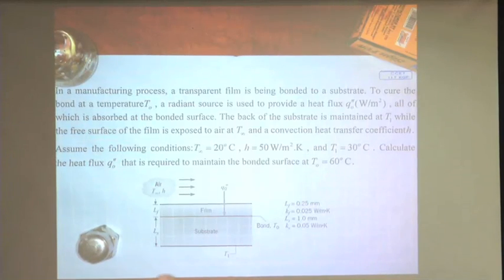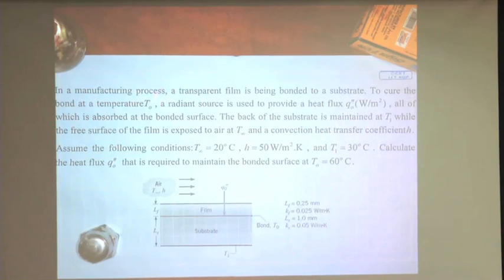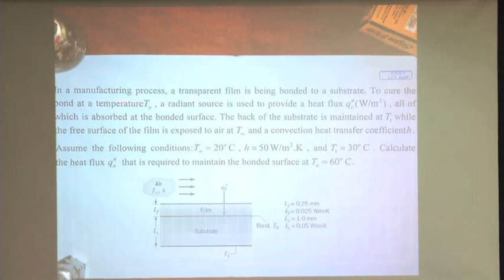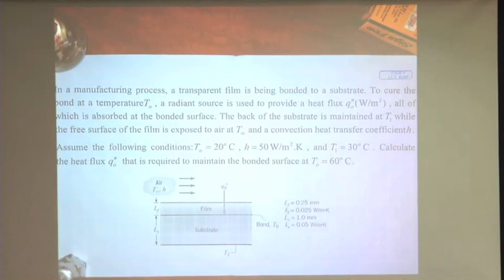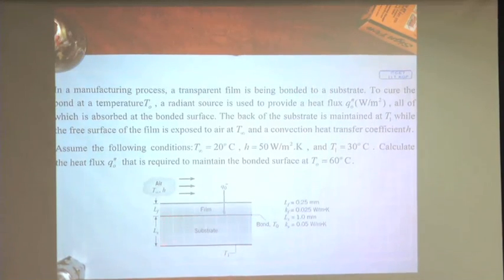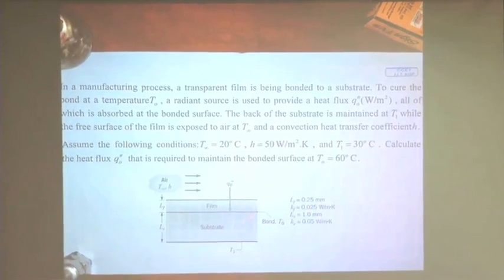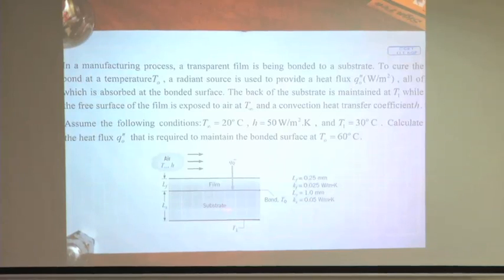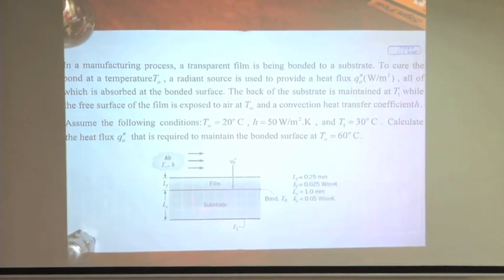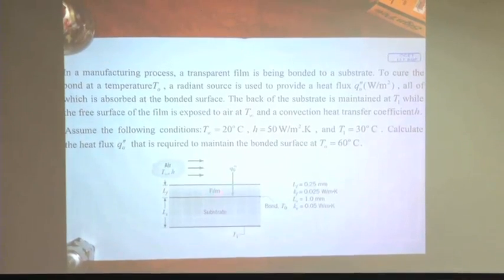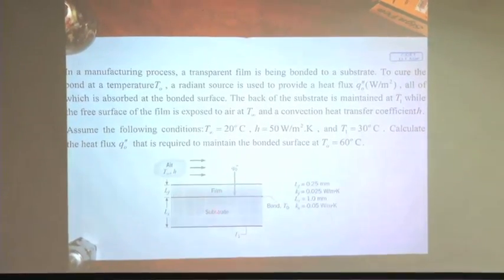In a manufacturing process, a transparent film is being bonded to a substrate. This is a practical statement of a practical process. This is a transparent film which has to be bonded on a substrate. We are not bothered why this transparent film is being bonded to the surface, or about some metallurgical things or process operation. But this is the problem, film and the substrate.